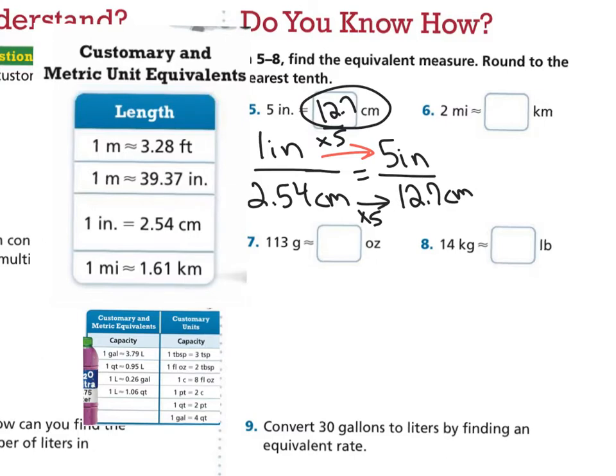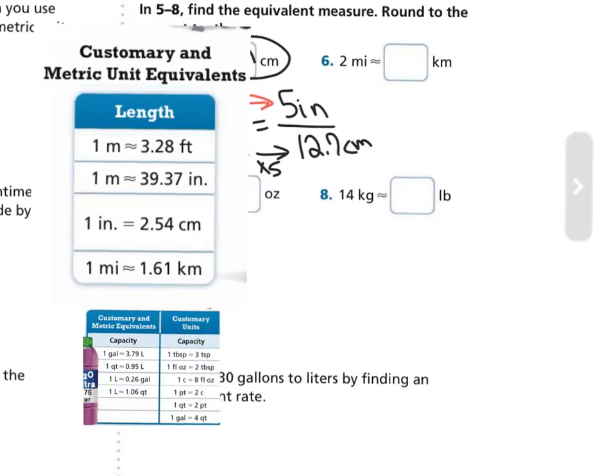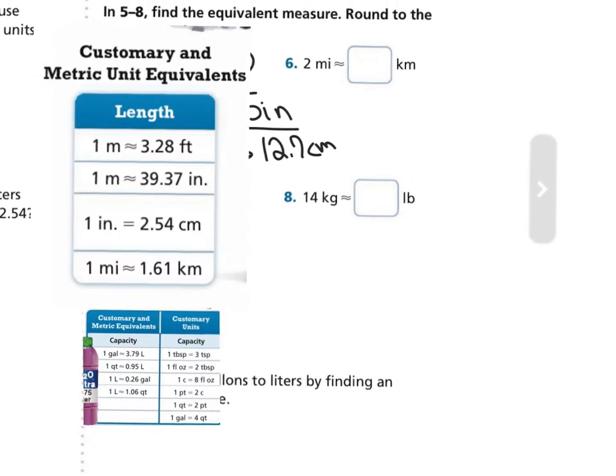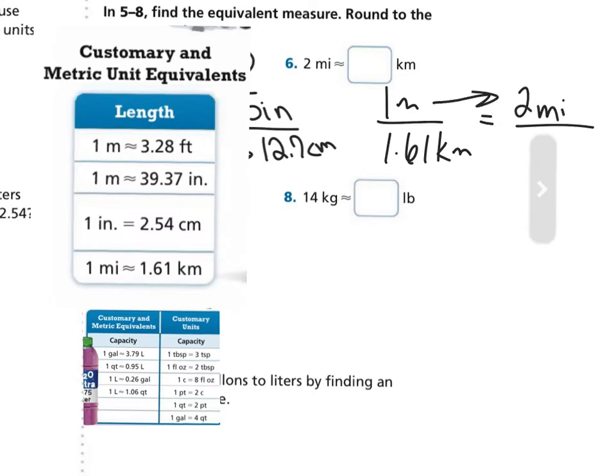Number 6, we've got miles and kilometers. So you can see that's a length again. Right here, 1 mile is about 1.61 kilometers. So if we have that conversion, 1 mile is 1.61 kilometers, then 2 miles would be twice that amount.